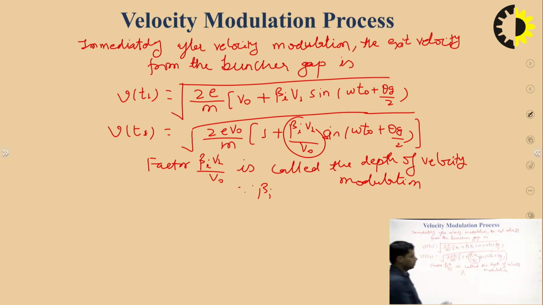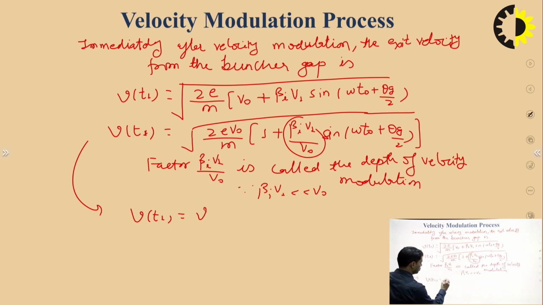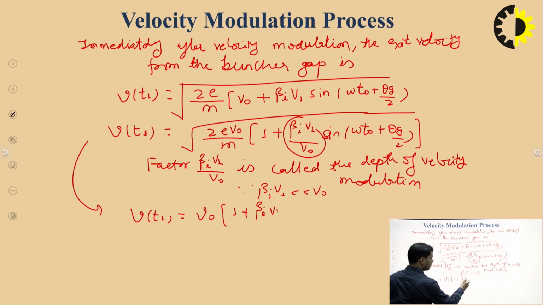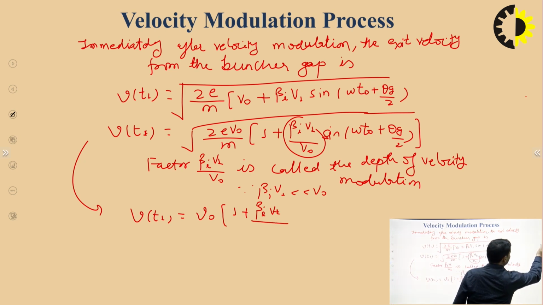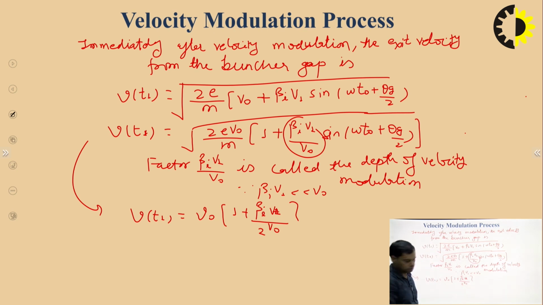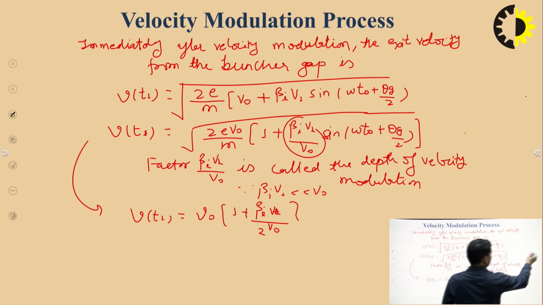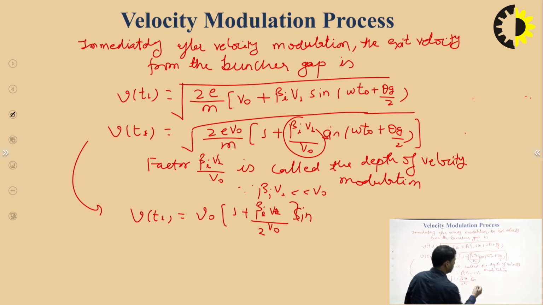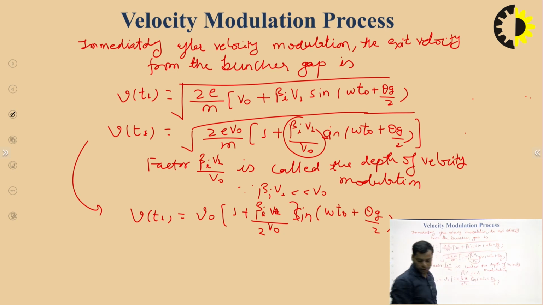When beta I into V1 is much less than V naught, we can write this equation as Vt1 equals V naught into [1 plus (beta I V1 upon 2 V naught) into sin(omega t naught plus theta g by 2)].